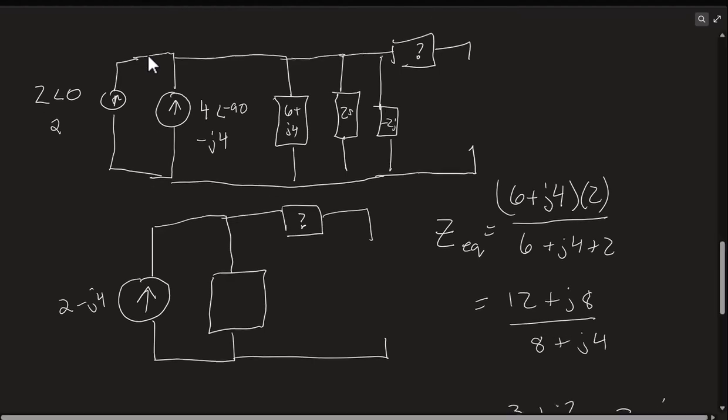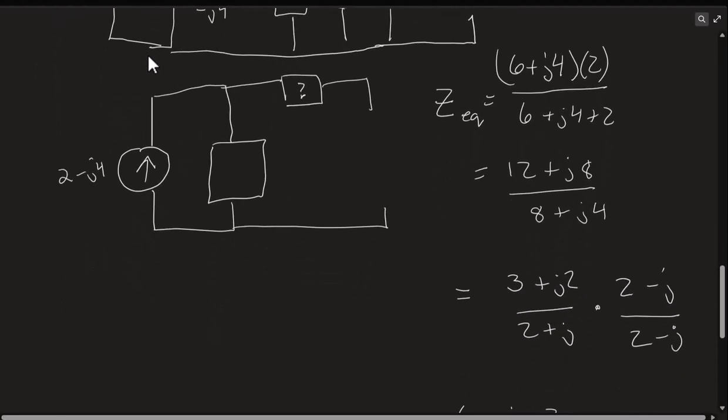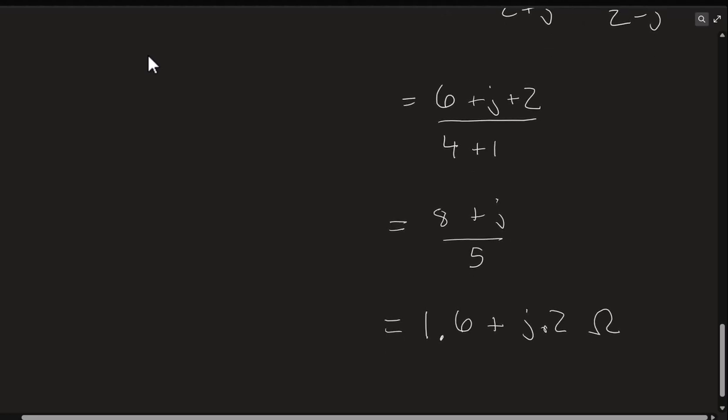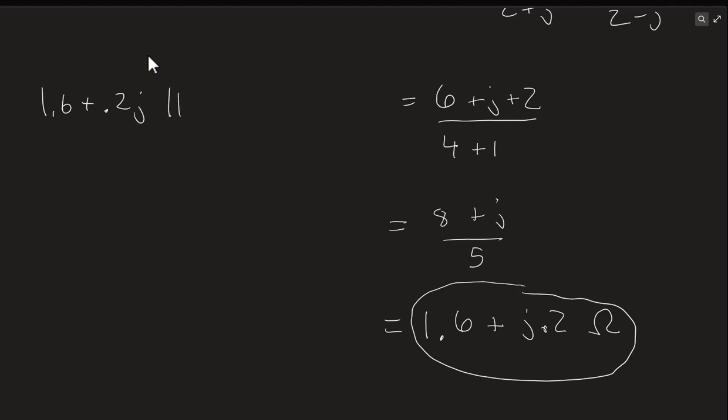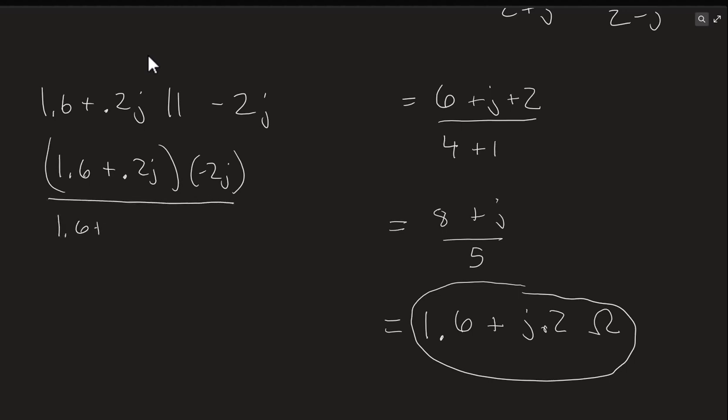So I found the equivalent impedance of the first two and I was very pleased with myself, but now I have this in parallel, so I have 1.6 plus 0.2j in parallel with a minus 2j. So to get those, I would have 1.6 plus 0.2j times minus 2j over 1.6 plus 0.2j minus 2j.